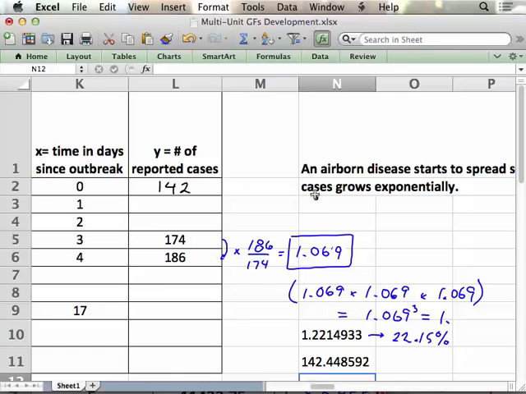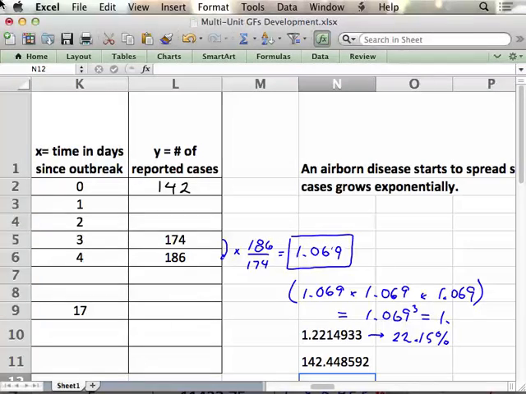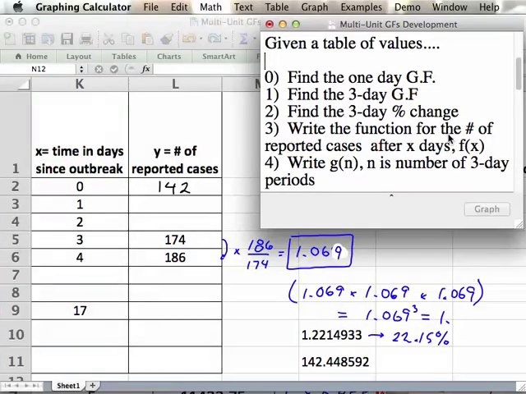So therefore, the function is f of x is going to be 142.